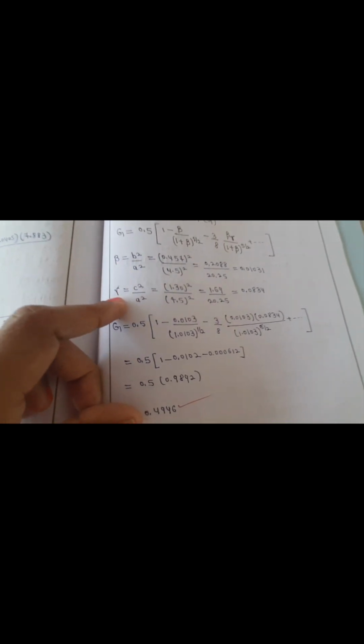A is the distance between source and GM tube, B is the inner radius of the GM tube, and C is the inner radius of the container. So A, B, C values are required to calculate beta and gamma. Then you can calculate the G value using beta and gamma values, you will get around 0.4946.